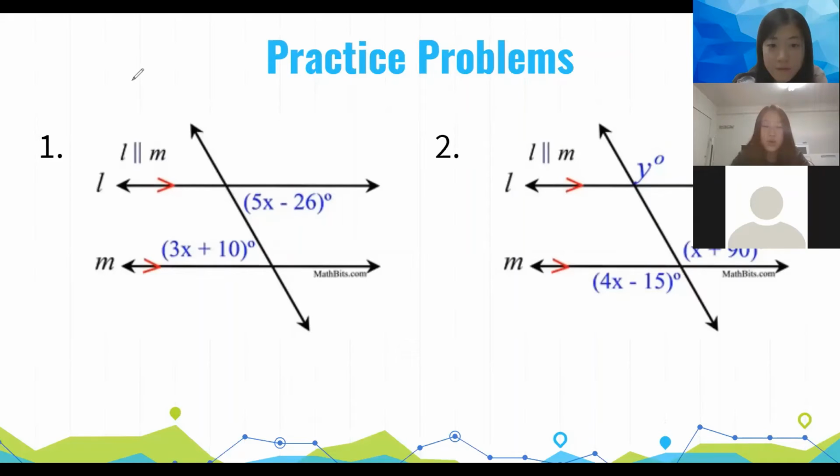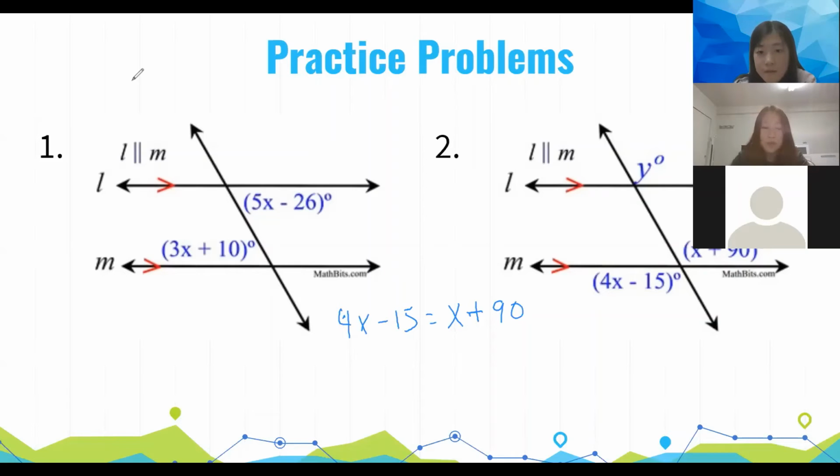So what you can do is set them as an equation equal to each other. So 4x minus 15 equals x plus 90? Yes, because when two lines intersect, the angles opposite from each other are the same.